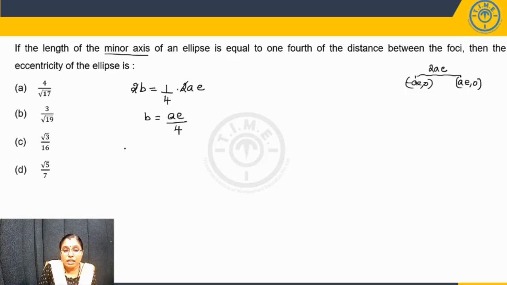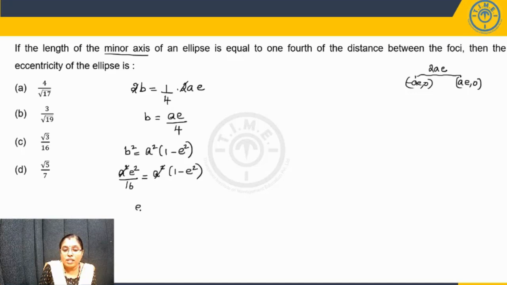Now we know that this is an ellipse. For an ellipse, the condition is b square equal to a square into 1 minus e square. So here b square is ae by 4 the whole square. So we have a square e square by 16 equal to a square into 1 minus e square. Let's cancel out a square.